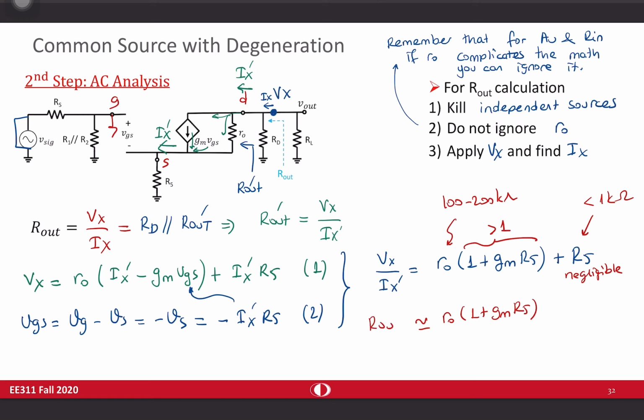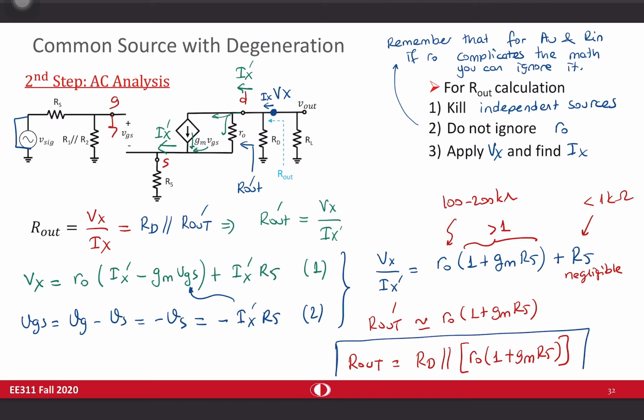But this is Rout prime, and overall Rout will be equal to RD in parallel with R0 (1 plus gm R5). So we find Rout.